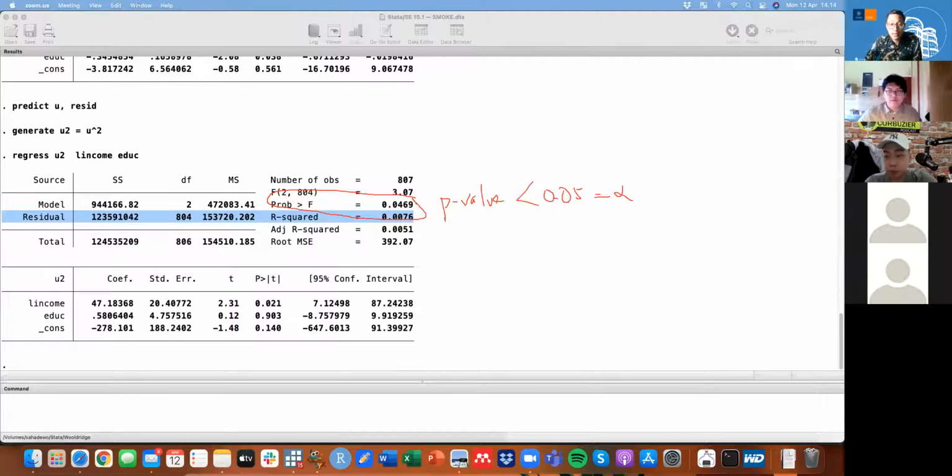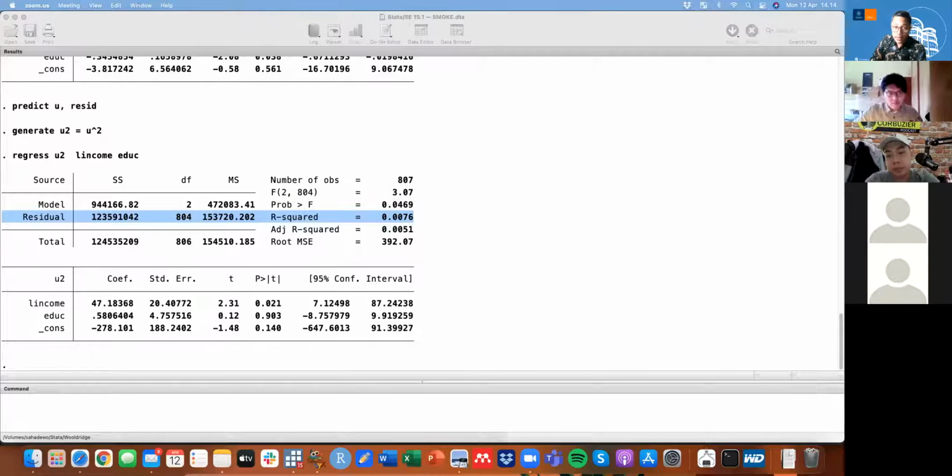You are going to test whether or not the parameters are equal to 0, a joint significance test. Okay, thank you, sir. Definitely. Okay. Clarifications, others? Okay, excellent. So that's the Breusch-Pagan test.